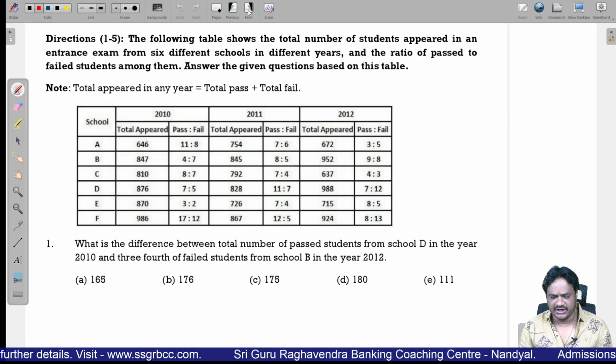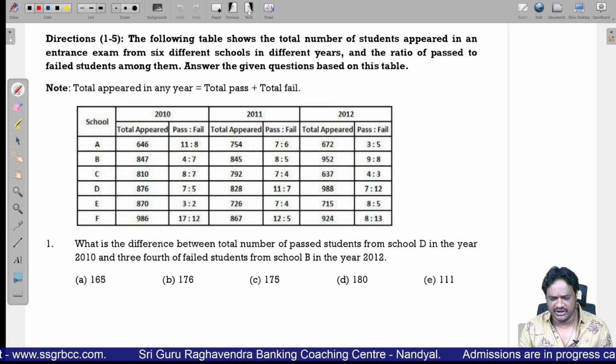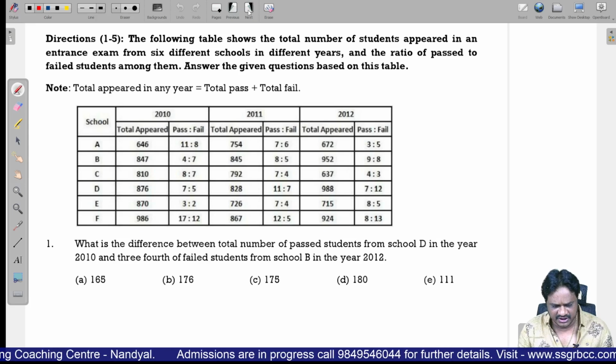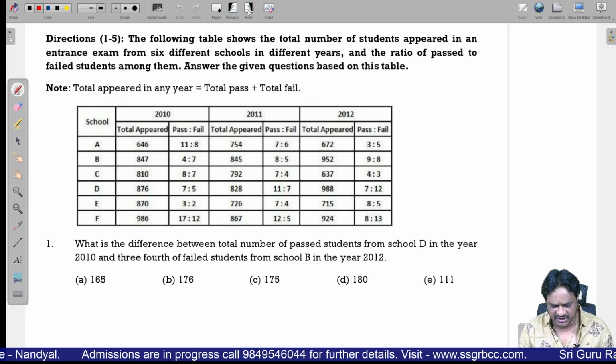The following table data. So this is one table data. You are given one table. The following table shows the total number of students who appeared in the entrance exam from 6 different schools and the ratio of pass and fail among them. Answer the questions based on this table. Here total appeared is given, total pass and total fail is given.